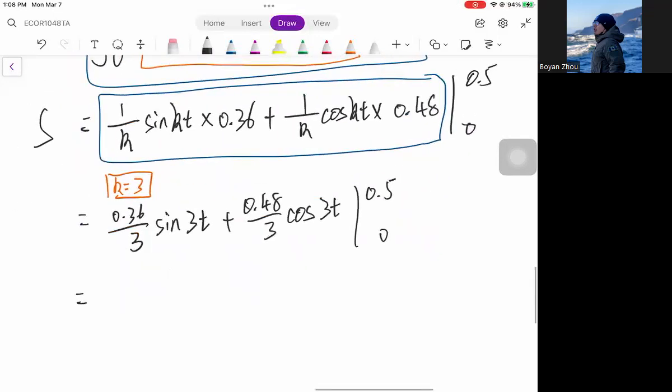So 0 is just 0, so you can use a calculator to do the math. 0.16 cosine 3 times 0.5.